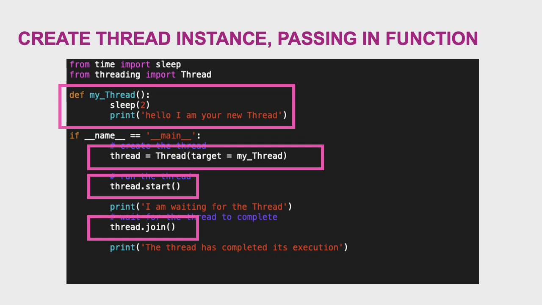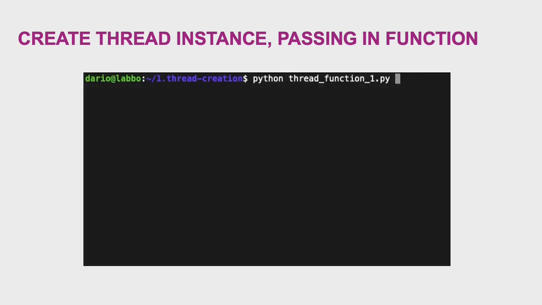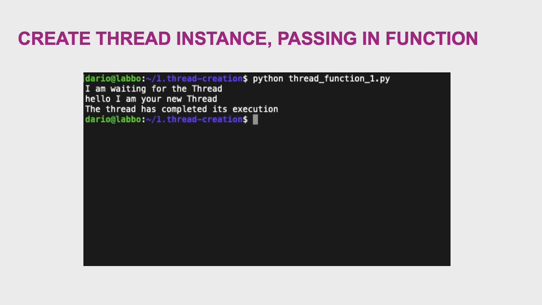Now we see the results of our application. Let's run our application. We start the application from the command line very easily, and the output is what we expected. So we create a new thread, we run the thread, then the main thread prints out, "I'm waiting for the new thread."